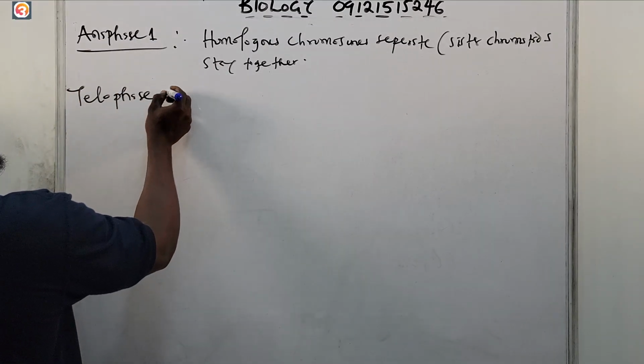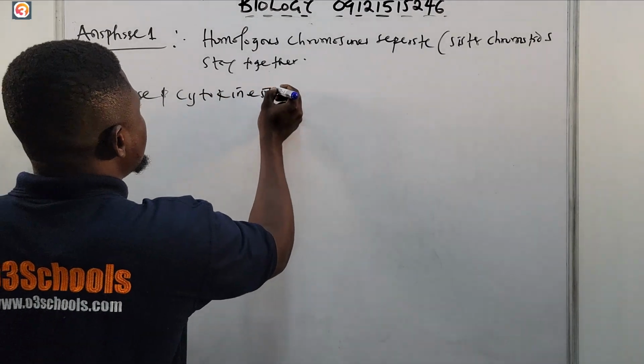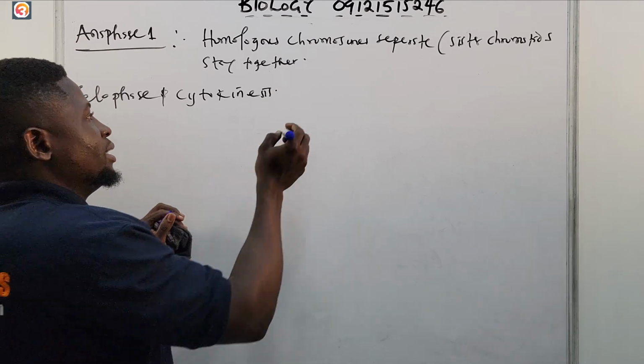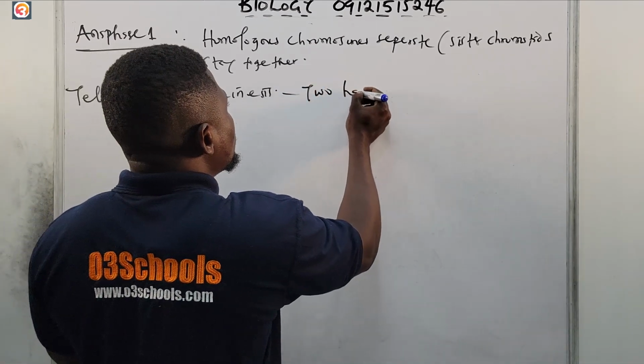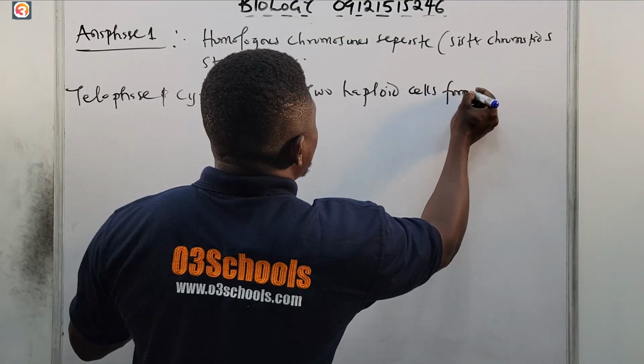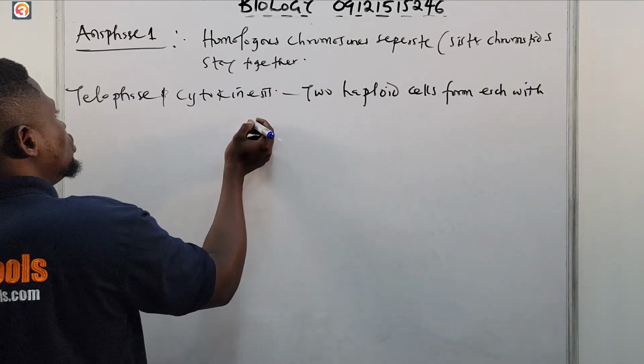In telophase and cytokinesis, 2 haploid cells form, each with duplicated chromosomes.